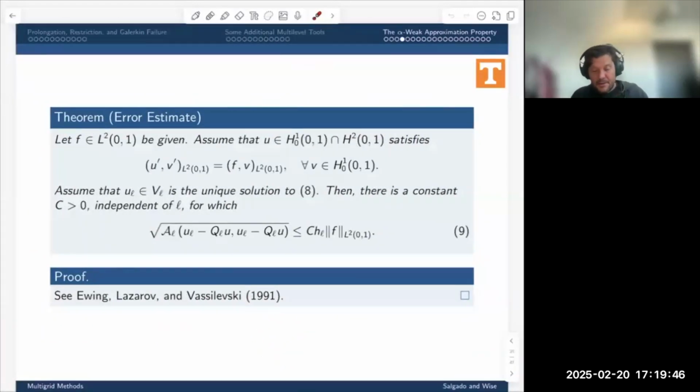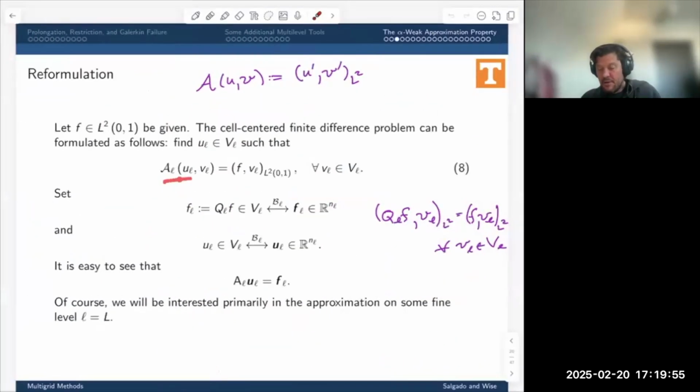All right, what's next? The next thing is, how do you compute error estimates for solving this problem? And what do we mean by error estimates? Well, remember, this problem is a different beast. It says if you're given f, an L2 function, you're going to look for a piecewise constant function which satisfies this variational form, and we call that the finite difference approximation.